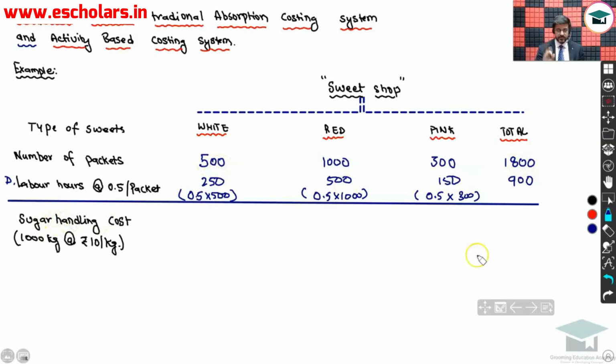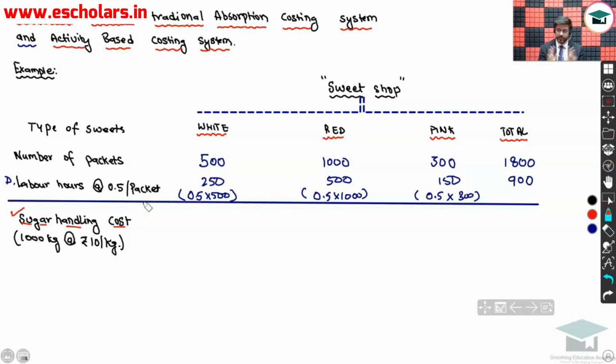Now focus. Sugar handling cost. Understand this: what is this sugar handling cost? I hope you know sugar. In order to prepare sweets, whether white, red, or pink, do you need sugar? Yes sir. Without sugar, how can a sweet shop prepare the sweets?